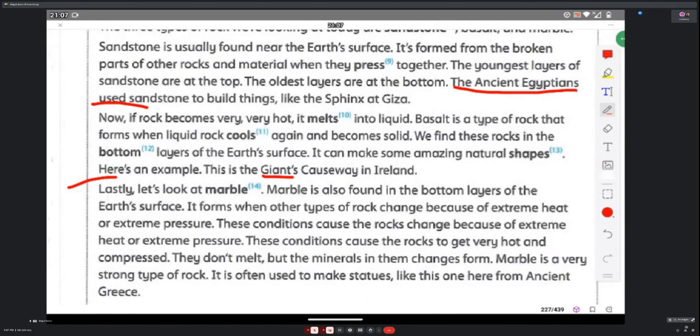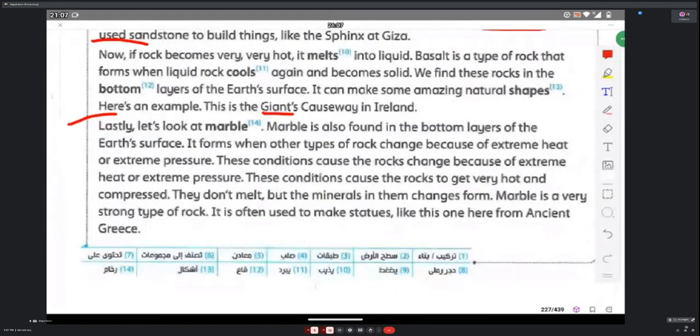These conditions cause the rock to get very hot and compressed. They don't melt, but the minerals in them change form.